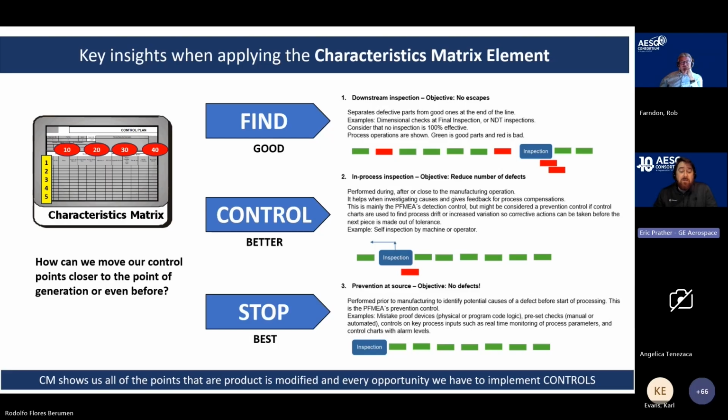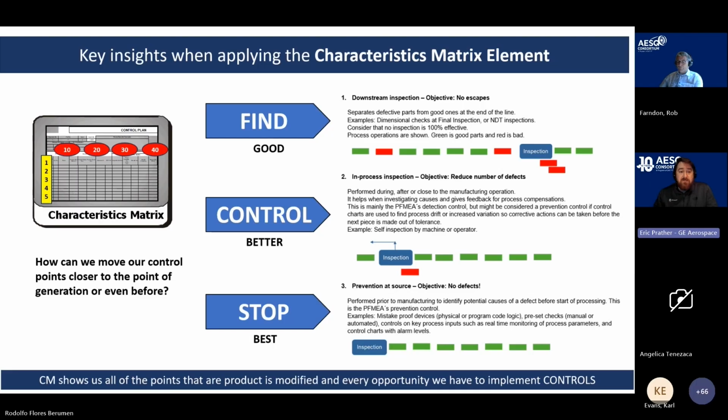What controls do we have in place that are stopping defects before they can get past us? Because if we're not making bad parts, we can't ship bad parts. So the characteristic matrix is going to show us every point in which the part is modified. And that's where we have opportunity to intervene and put controls in place and to put error proofing in place to make sure that we aren't shipping anything defective.